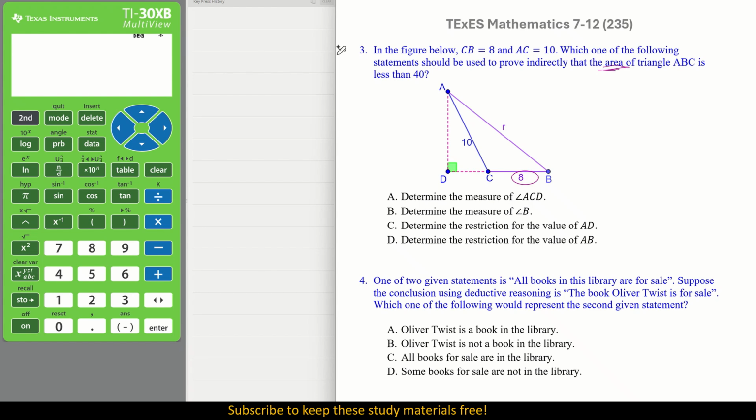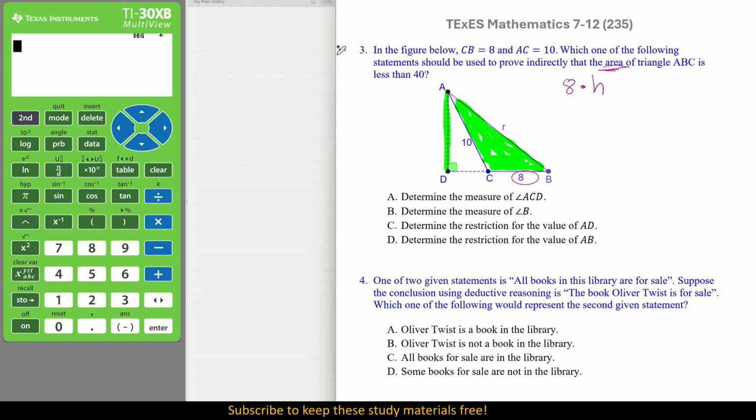So logically, tackle that fact, which is the end result. I'm going to go with my end result and then see where I need to start. Let me show you what I mean. Base is 8 times a height that I don't know, right here, because I'm trying to find the area of this triangle.